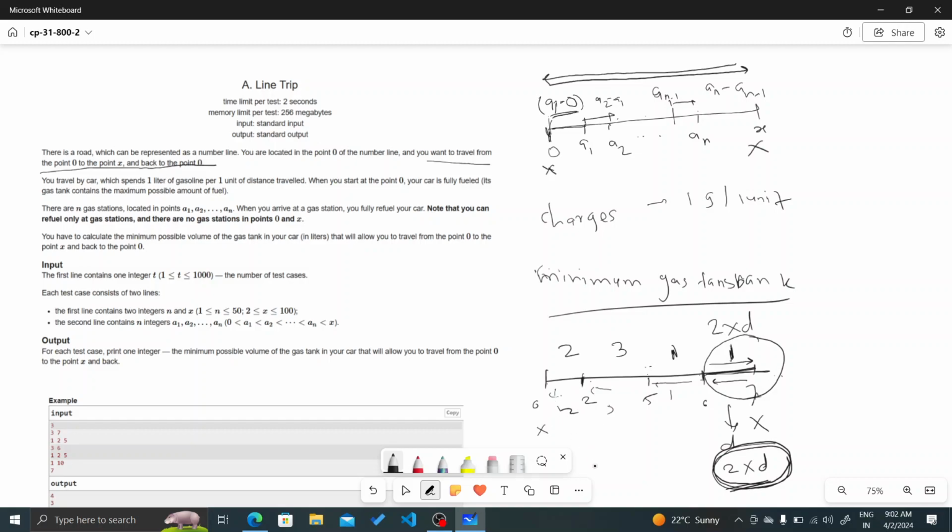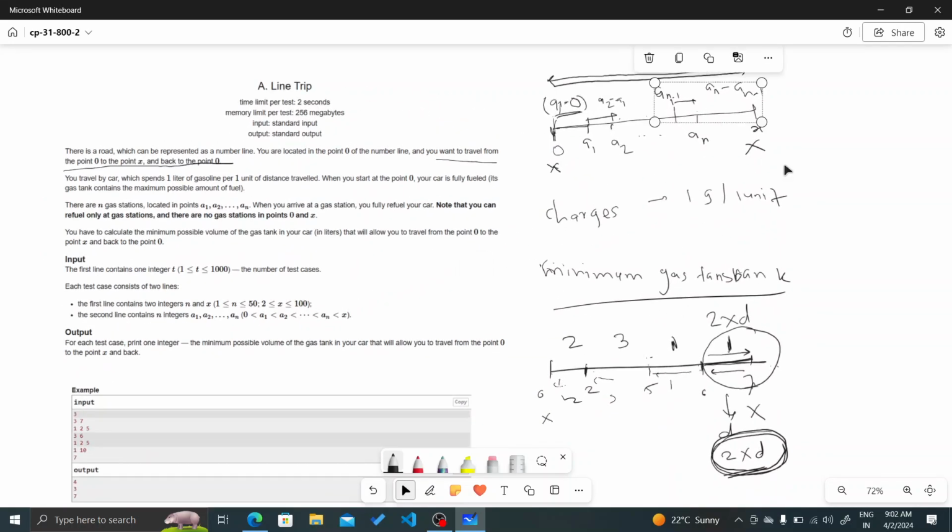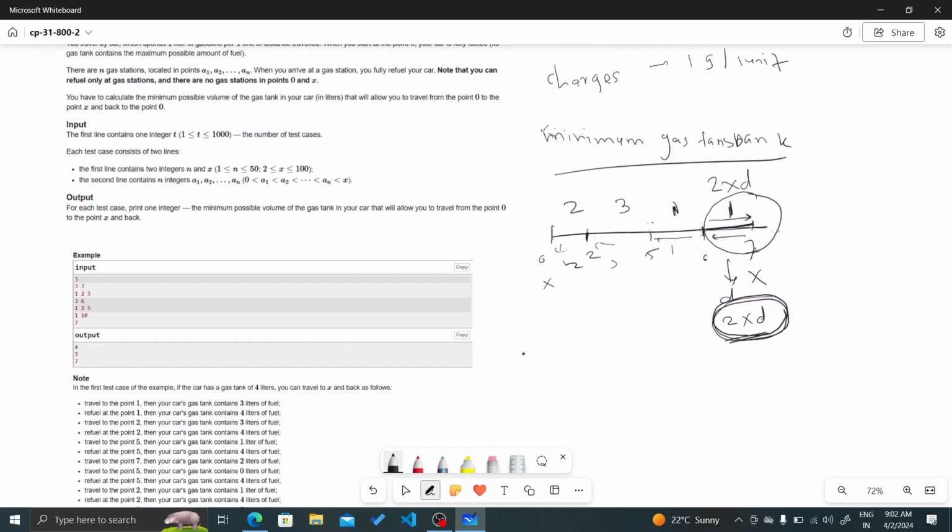So a quick observation here: for the minimum fuel tank size to complete this task of going from 0 to X and back, we should have the maximum of 2, 3, 1, 2 into D. Getting it? Let's take the example. Let's take the test case.